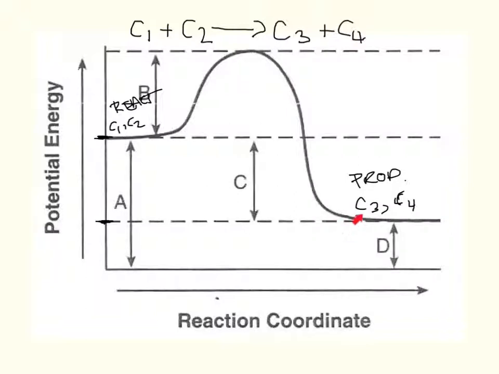That'll be the potential energy stored in compound 3's bonds and compound 4's bonds, and that dimension right here is D. And the reactant one is going to be this one here, A. So A is our PE of our reactants, and D is our PE of our products.